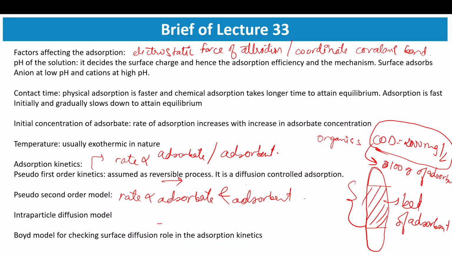Whether you will win the race or not depends on the slowest person, because compared to the slowest person, the rest will be running very fast. Similarly, out of all the rates in the process, the rate determining step will be the slowest step. The slowest step will define the process.